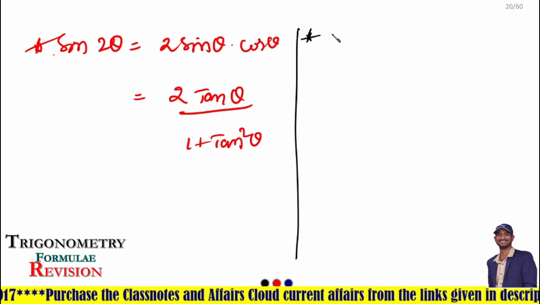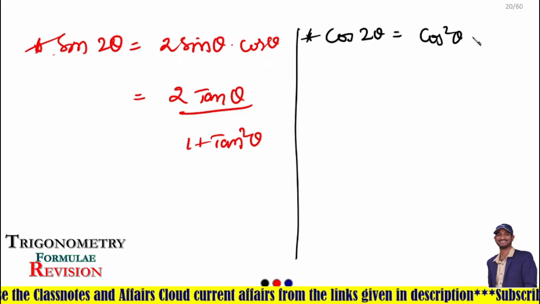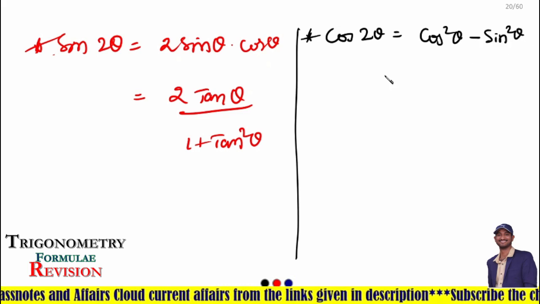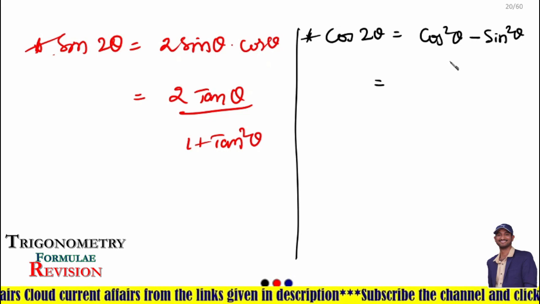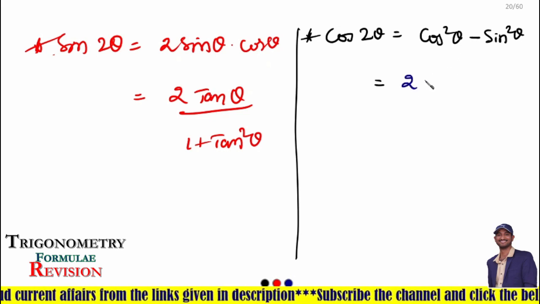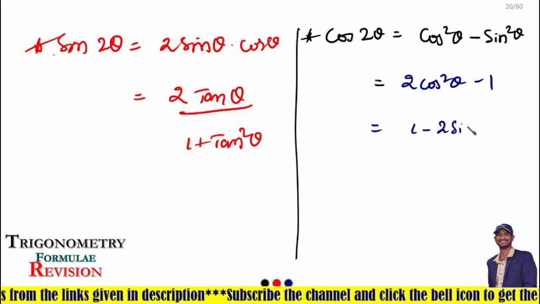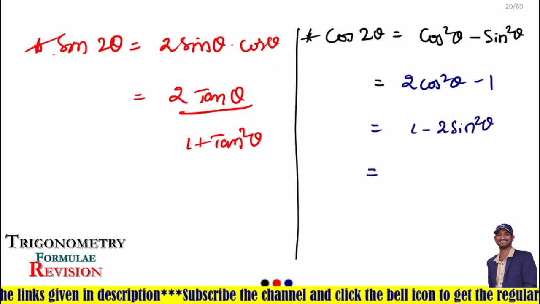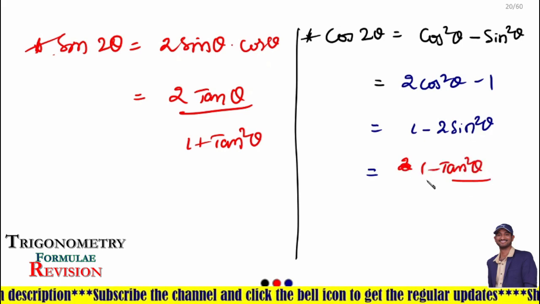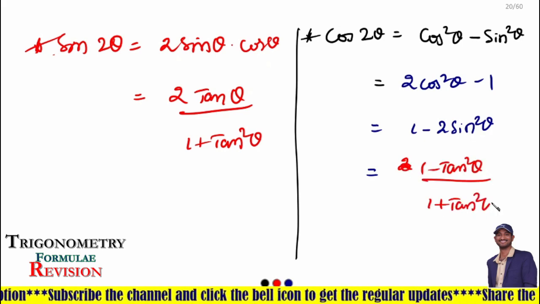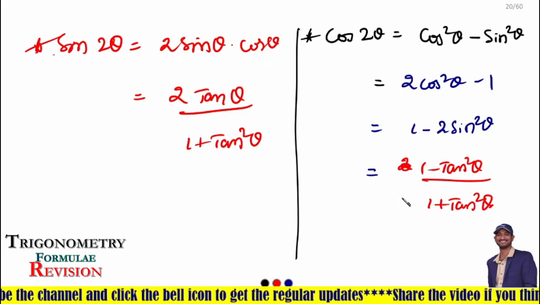Similarly, for cos theta, cos 2 theta is equal to cos square theta minus sin square theta, which is also equal to 2 cos square theta minus 1, which is also equal to 1 minus 2 sin square theta, which is also equal to 1 minus tan square theta by 1 plus tan square theta. Every formula is important.